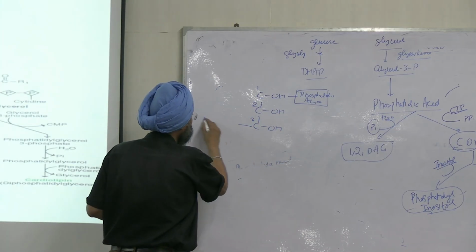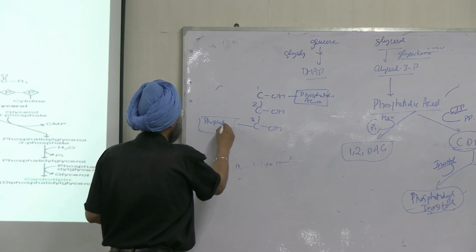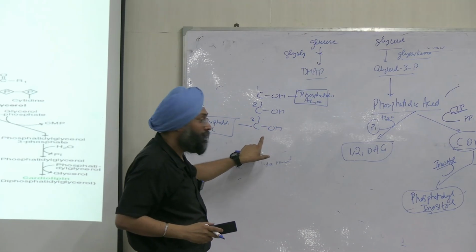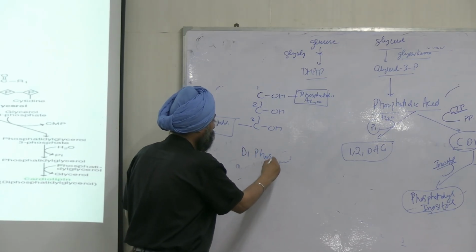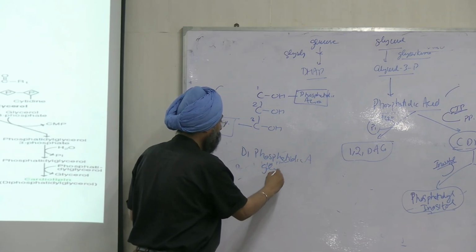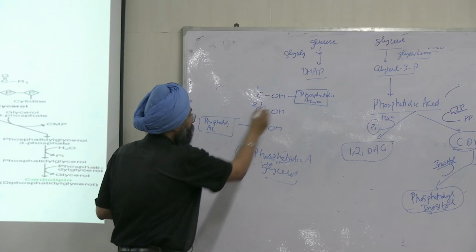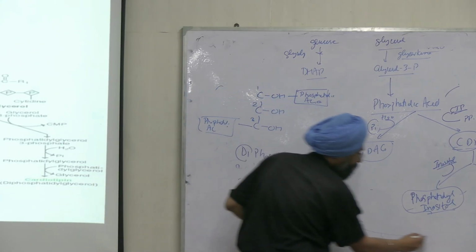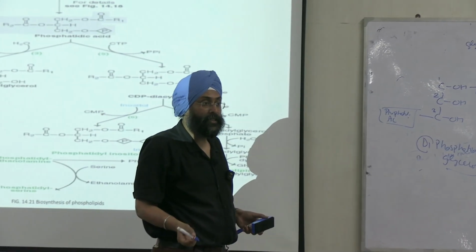And on carbon 3 we are again attaching 1 phosphatidic acid. Diphosphatidic acid, glycerol in the center. Di means 2, phosphatidic acid, glycerol. It is our cardiolipin. Clear?